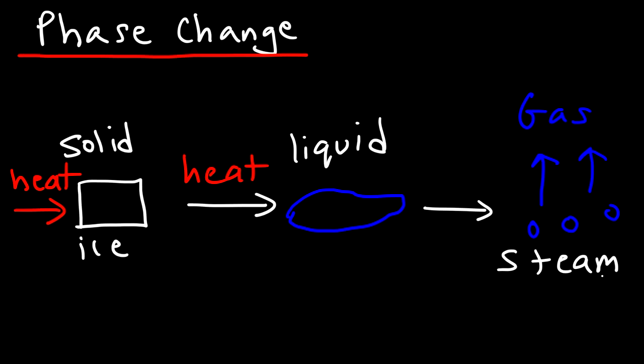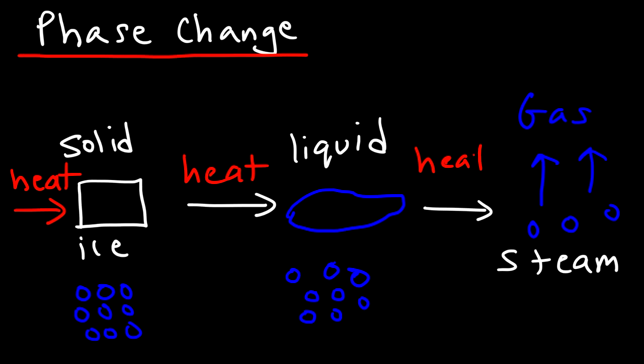So whenever you add heat to a solid, the atoms, which are originally close together, begin to move apart. And as you add more heat to a liquid, it turns into a gas, causing the atoms to spread even further away. Now the opposite is true.